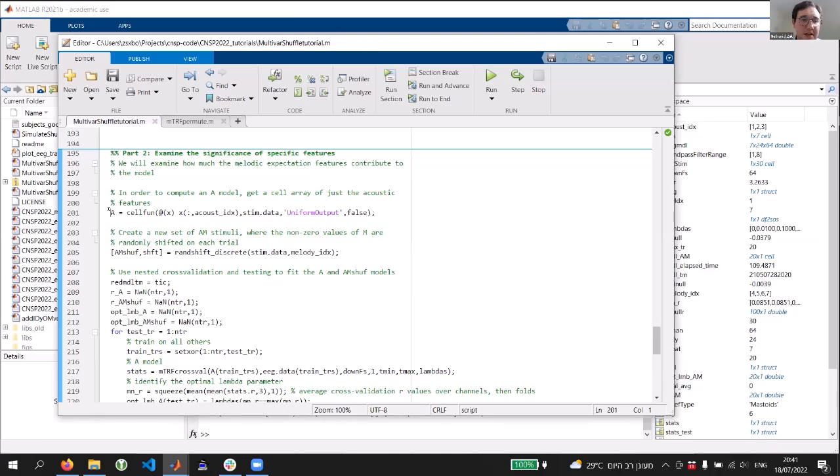What Liberty did is leave out features. Specifically, I want to understand if the melodic features significantly contribute to the model. You can do that by making a new model that doesn't have those melodic features. That's what this is doing. It's just taking the acoustic features. I'm sorry, does anybody have questions so far?